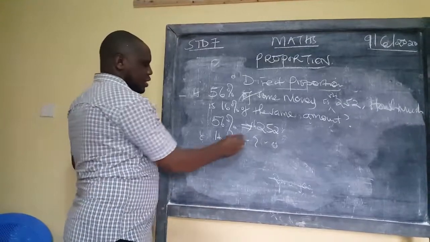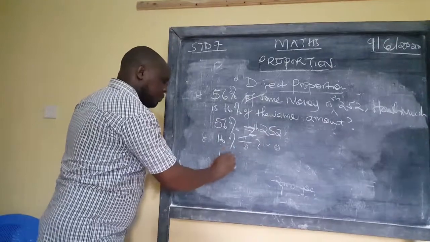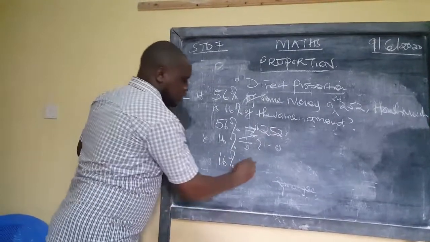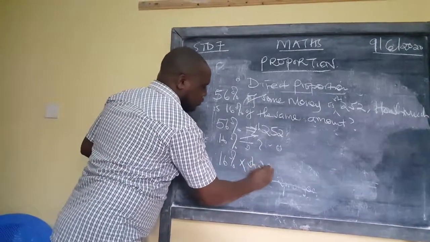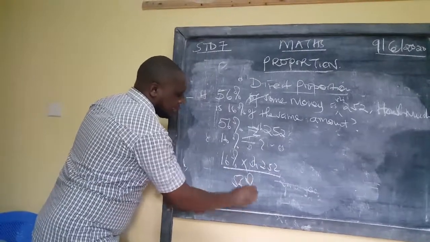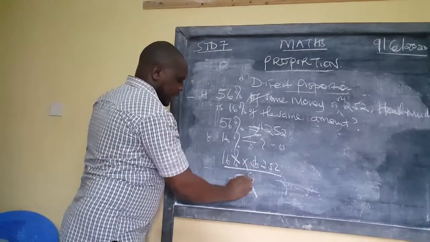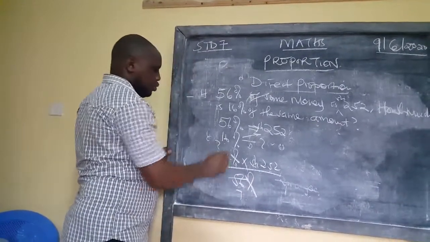Simple as that. So you cross multiply the lower number with this number on the other side. So 16% times 252 shillings over 56%. Percentage and percentage will cancel. You remain with the units shillings. By 8, 7, by 8, 2.